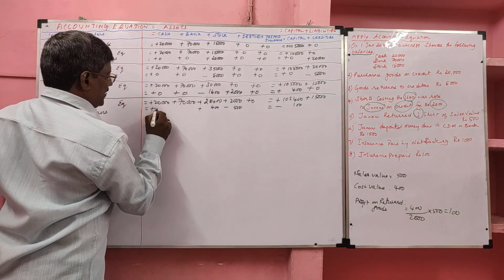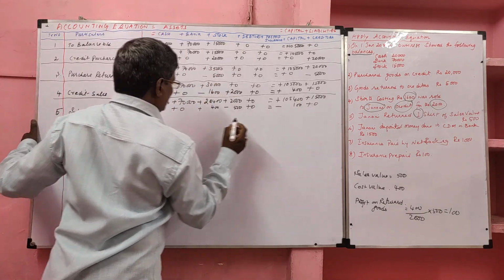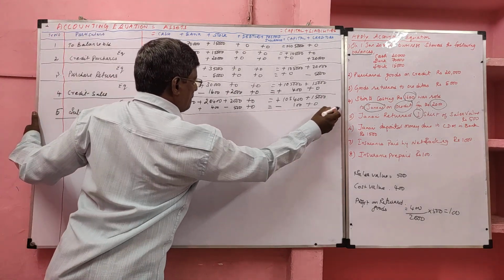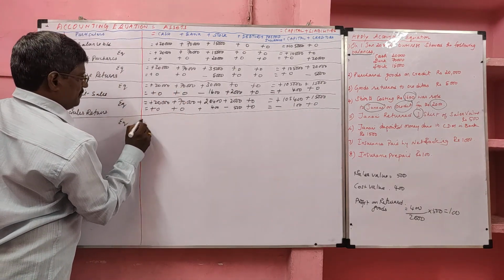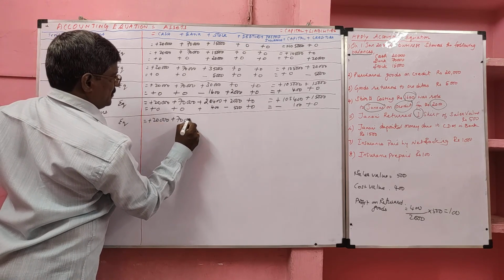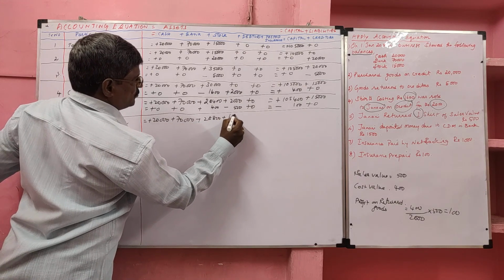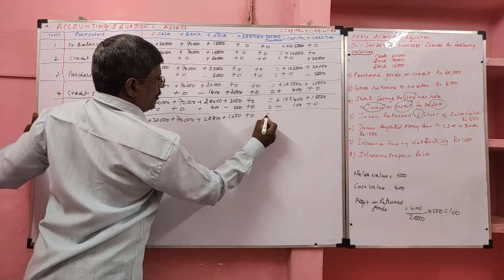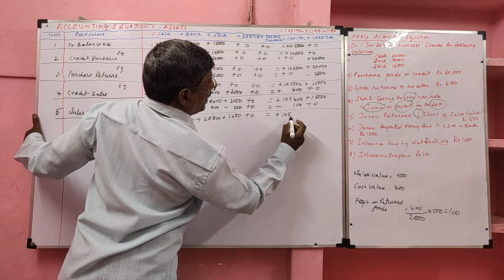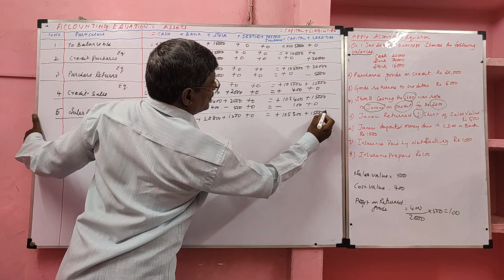Other item we can mark as 0. Equation plus 20,000 plus 70,000 plus 28,800 plus 1,500 plus 0 plus 105,300 plus 15,000.